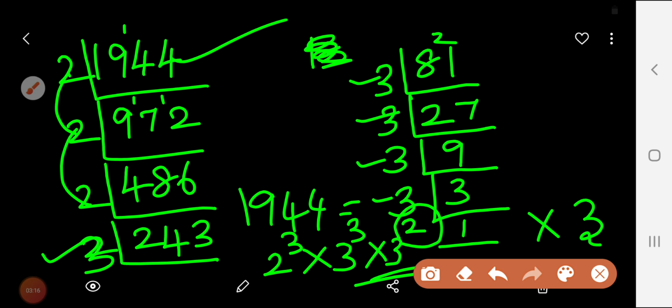Next, question number 4. Find the smallest number by which 10,985 should be divided so that the quotient is a perfect cube. Here we have to find the smallest number by which dividing makes it a perfect cube. Let us see. First we will divide by 5, because this number ends with 5.